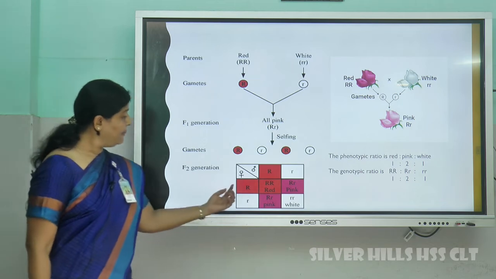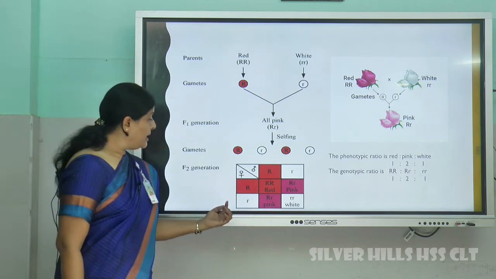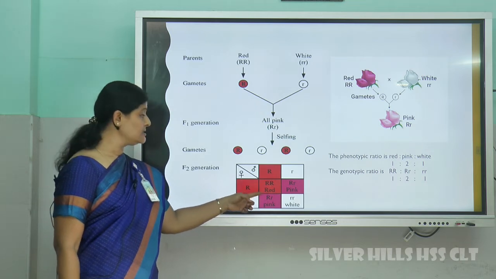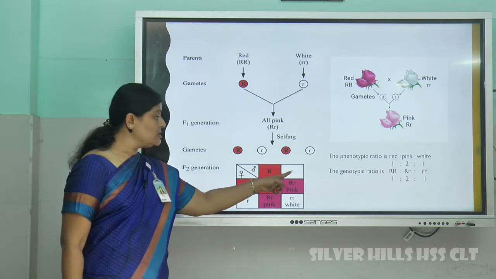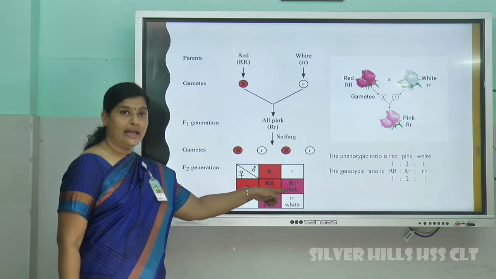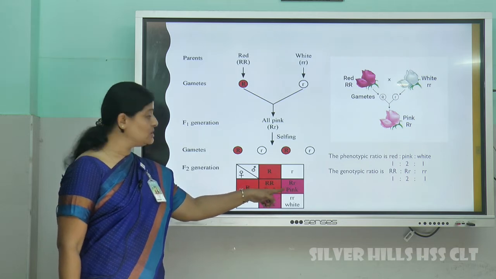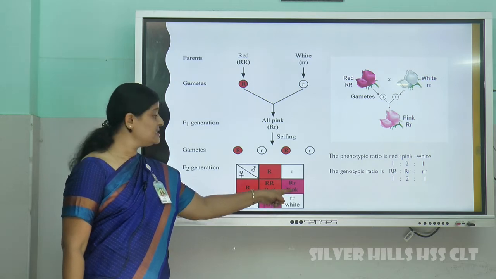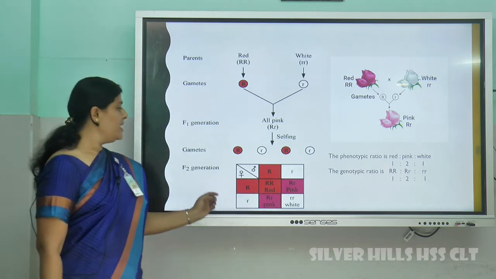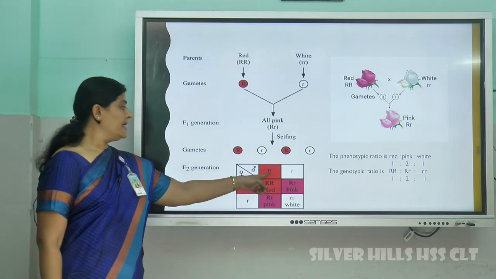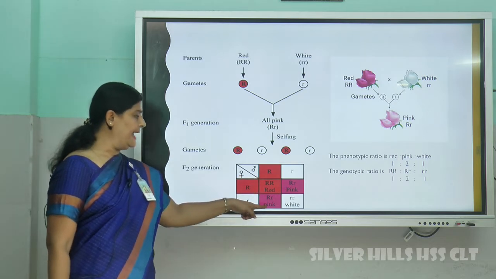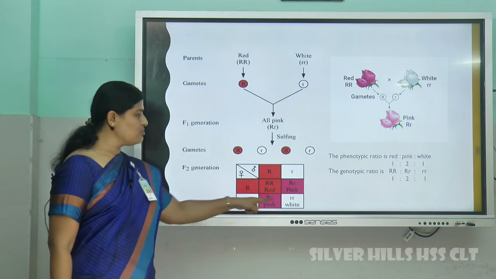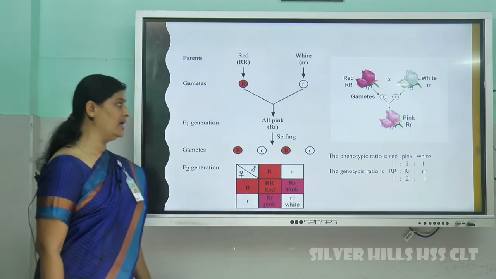Now comes the next one, capital R, red color flowers. Now capital R, small r, see, it is incomplete dominance. So what is the color of the flower? It is pink in color. Now the third, capital R, small r, again a pink flowered plant. Last case, small r, it is white in color.